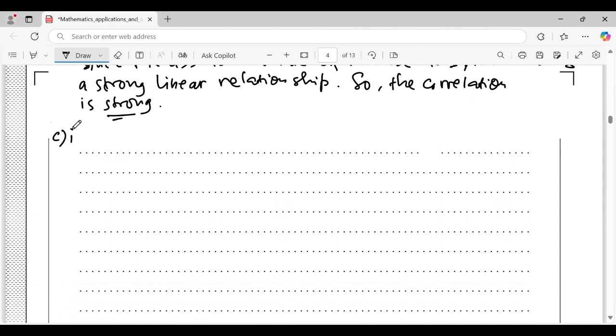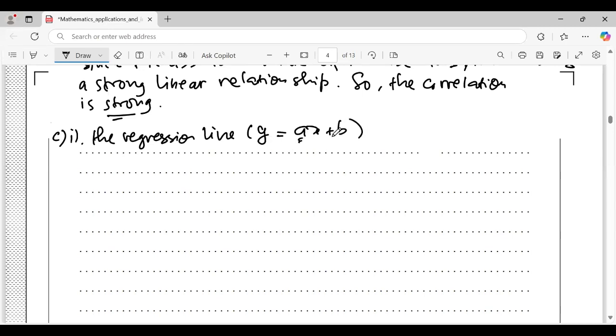Part C1. So we need to calculate the regression line equation, y equal ax plus b.